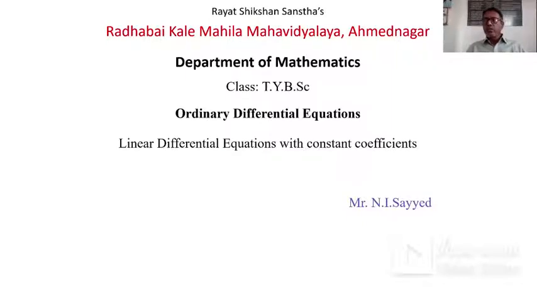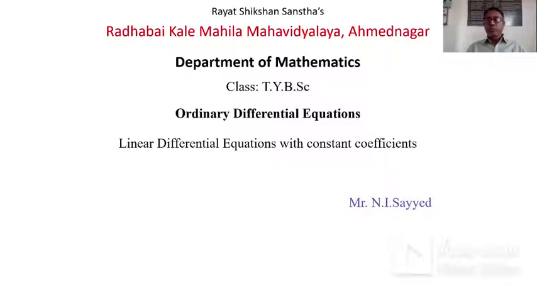Now we have seen the second theorem. If f of D is equal to (D minus a) to the power r into phi of D, where phi of a is not equal to 0, then 1 upon f of D operating on e to the power ax is equal to 1 upon (D minus a) to the power r into phi of D operating on e to the power ax, and this is equal to x to the power r e to the power ax upon r factorial into phi of a.